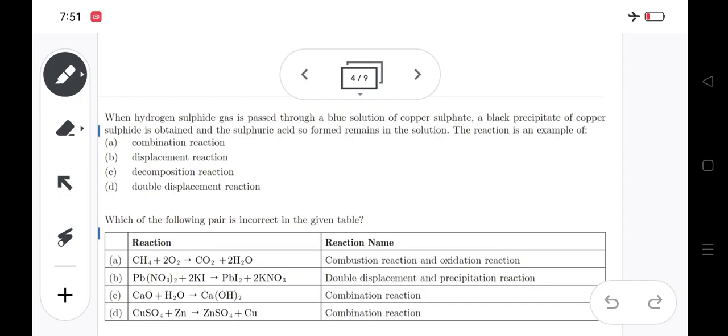The reaction is an example of what type of reaction? Here there are two reactants and two products, so it is not a combination, it is not a decomposition.